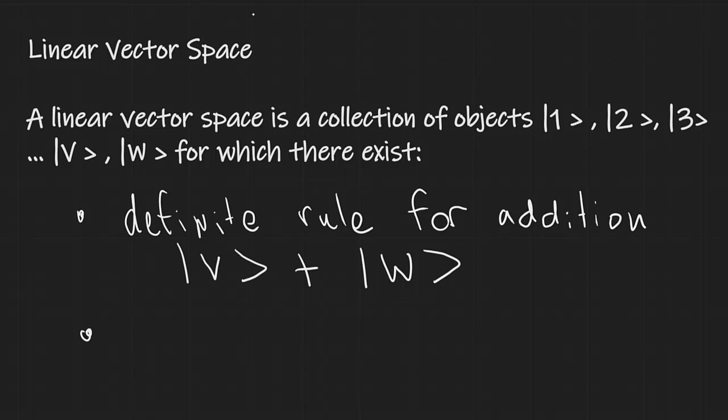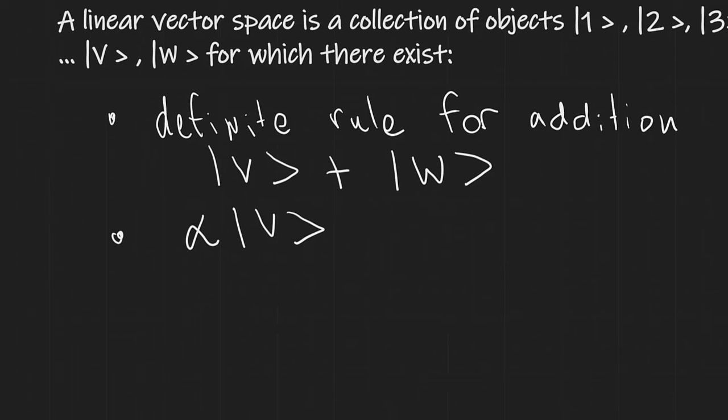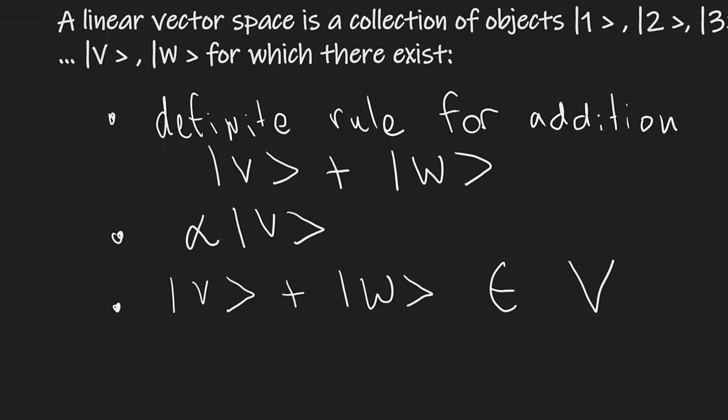So if I was to multiply any of those vectors by some scalar, call it alpha, well, then this will also be possible. If we were to add two vectors, so let's say we add this one plus this one, the result will be another vector which will also be part of that vector space.